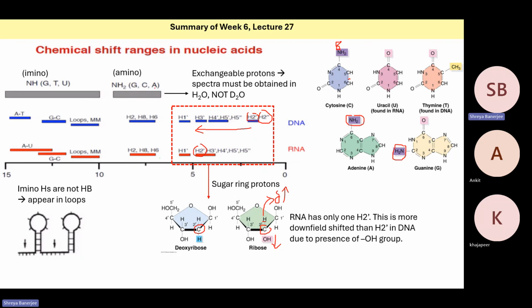Now, often the amino protons are not observable in the spectra because they exchange with water. So suppose you're taking the spectra in D2O. You have the amino protons and you have D2O.